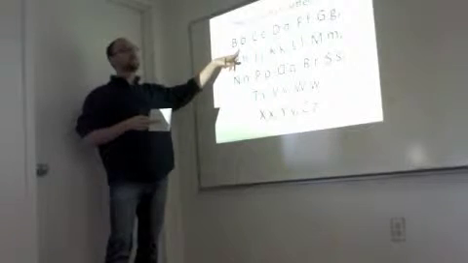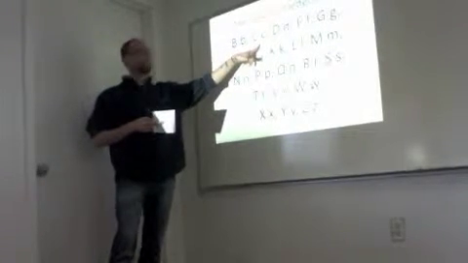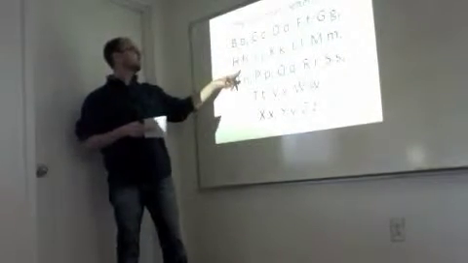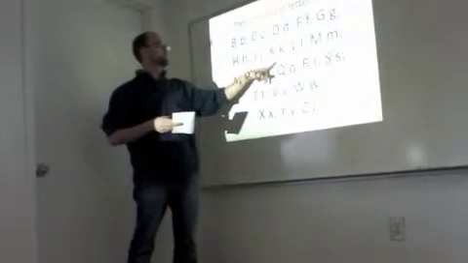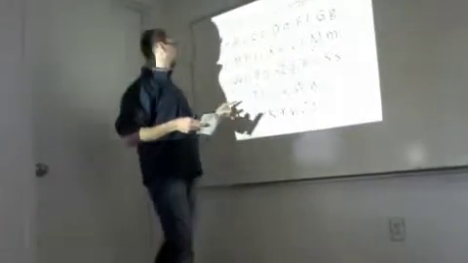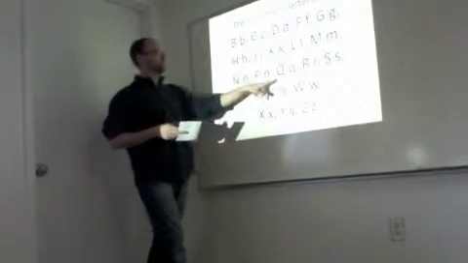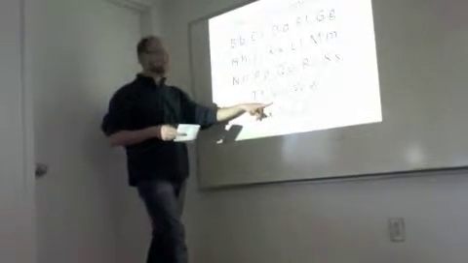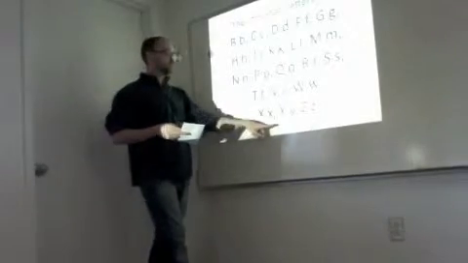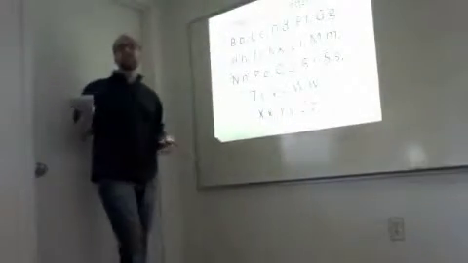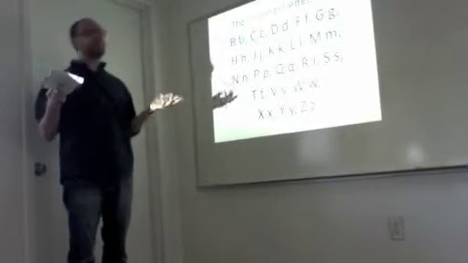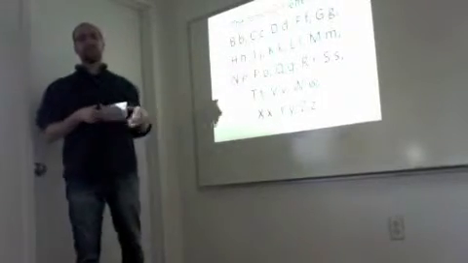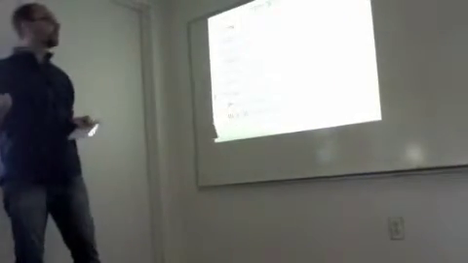So we have B, C, D, F, G, H, J, K, L, M, N, P, Q, R, S, T, V, W, X, Y, Z. Good. So these are the letters that are consonants, right? There's no vowels here. There's no A, there's no E. So this is everything else in the alphabet. These are the consonants.